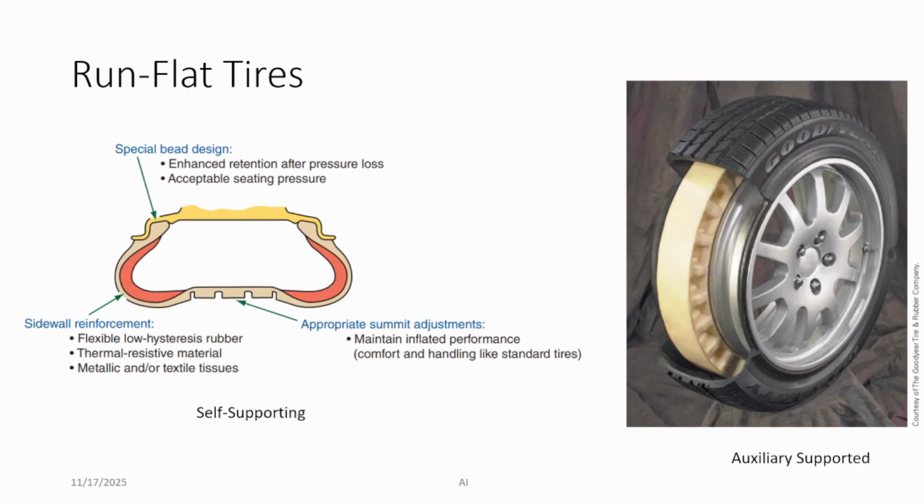That speed is manageable with run flat tires. The range normally lies between 40 to 50 kilometers, right? Then you can reach a tire service station, and you can replace or repair the tire, right? So that is the procedure.